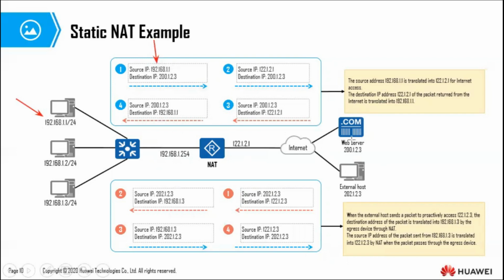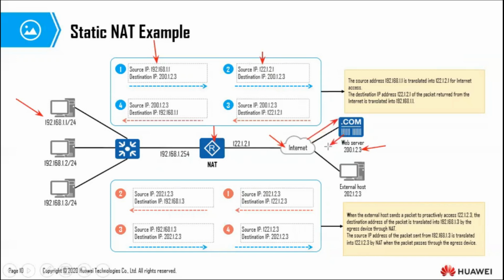It wants to access this server, the web server. So destination IP is the IP address of the server. Now, when this packet gets to the egress device, the egress device is going to convert the source IP address to a public IP address before sending it out to the internet. And finally, it's going to get to this guy.